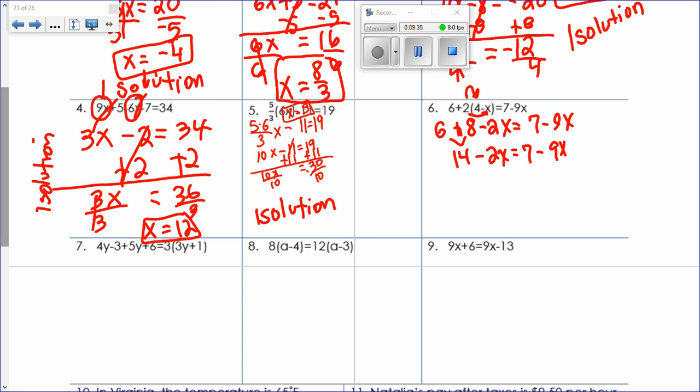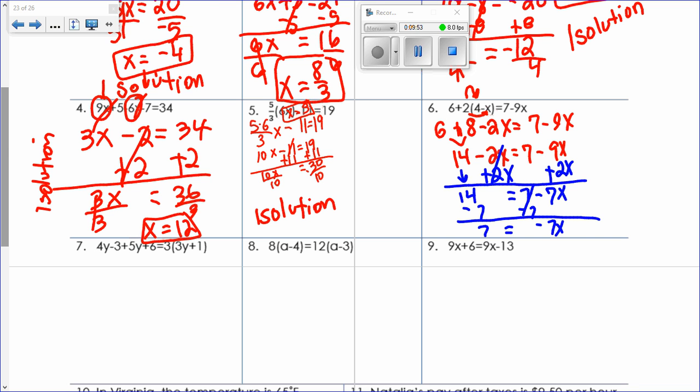Now, I'm going to add my variable term to both sides. I get 14 coming down. This goes away, equals 7 minus 7x, minus 7 on both sides. I get 7 equals negative 7x. Divide by negative 7 on both sides, or that coefficient of x, and I get x equals negative 1. One solution situation.